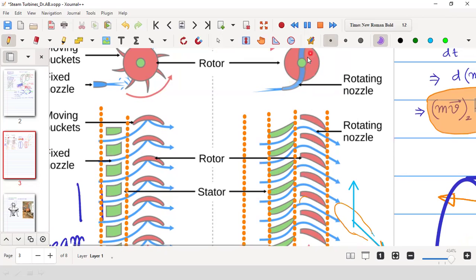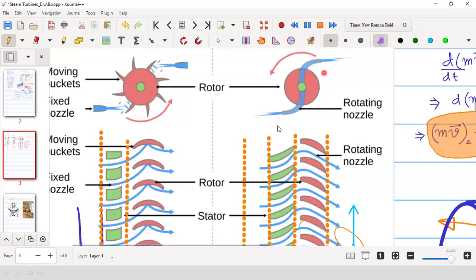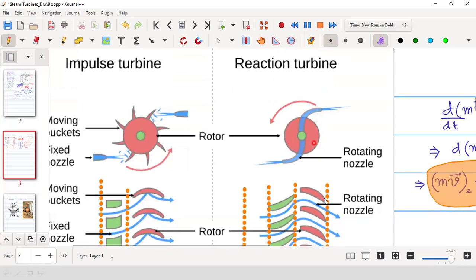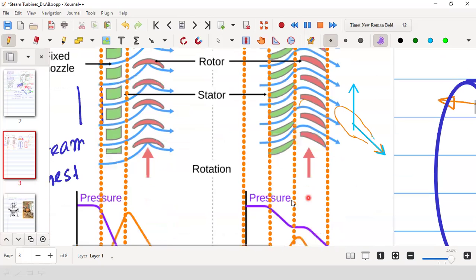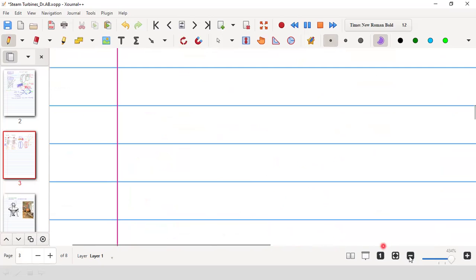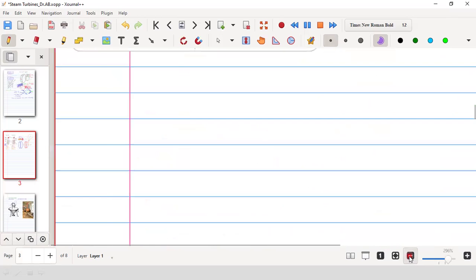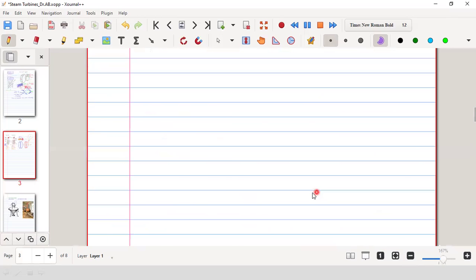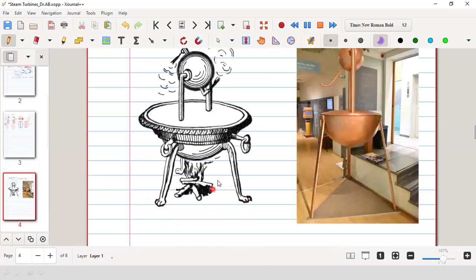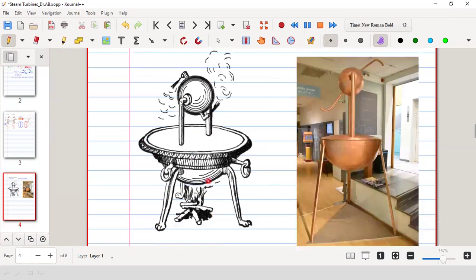That means this one is showing a pure reaction turbine, the top one, which is called Hero's turbine or Hero's engine. I am showing it. It is like this. So as if here you have a rotor. Let me enlarge it.